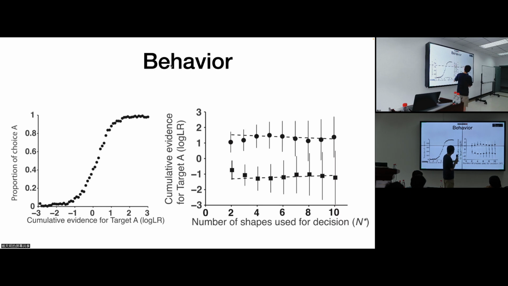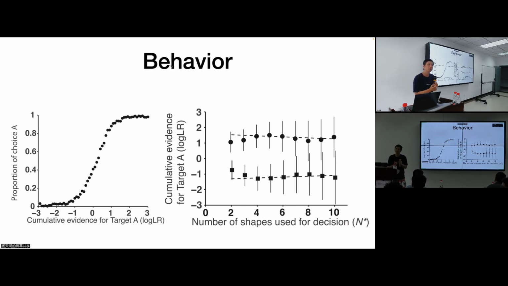And the y-axis is accumulated evidence for each case. And you can see no matter whether it's just 2 shapes or 10 shapes, the total accumulated evidence seems to be pretty much the same. So these are for 2 choices, right? In one choice, the total evidence is positive. In the other choice, the total evidence is negative. Okay, so just from the behavior, it looks like the monkey is really doing something like SPRT.